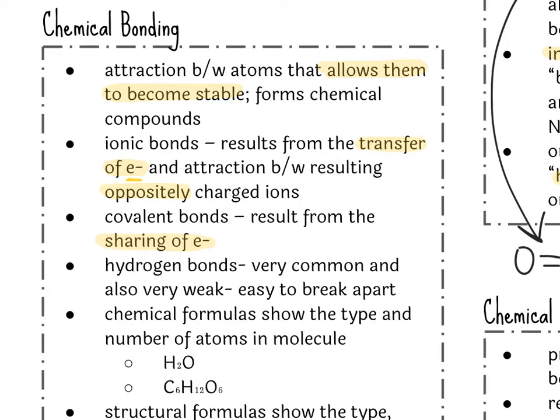And then the third one are hydrogen bonds. They are very common and also very weak. Anything with a hydrogen bond is going to be easy to break apart.